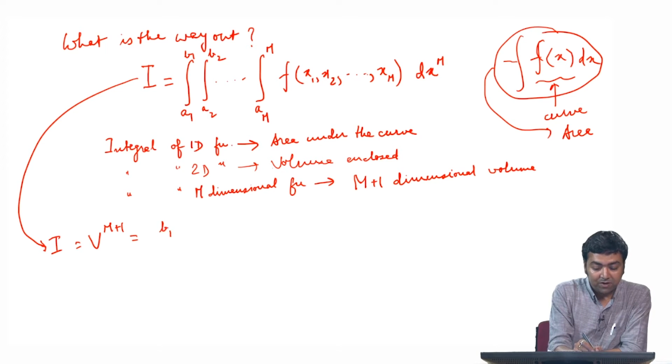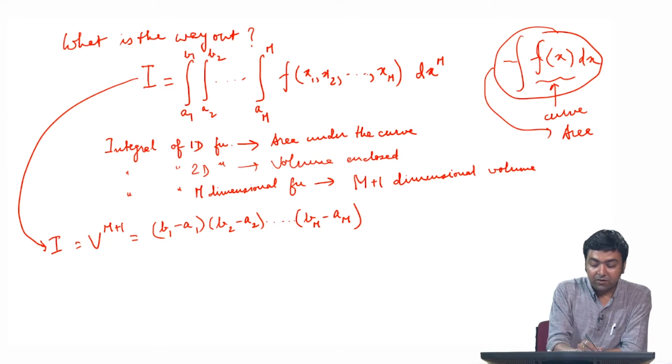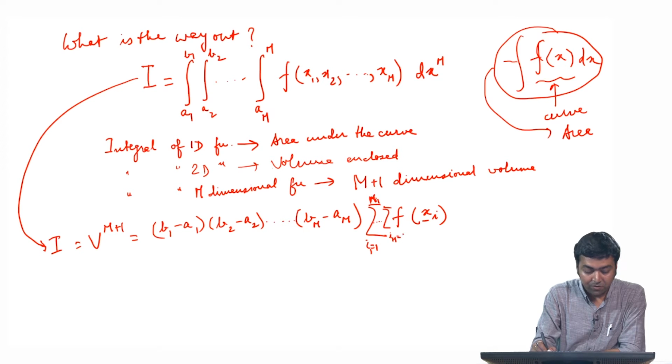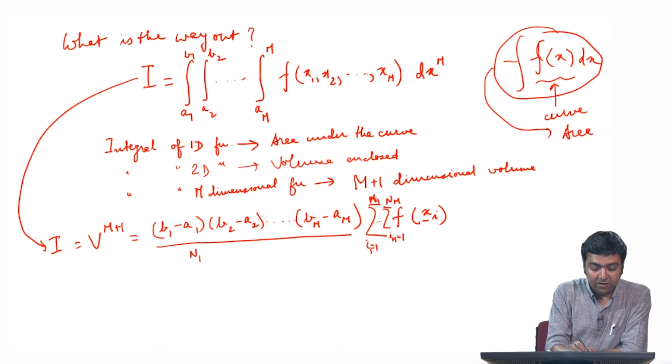That is b 1 minus a 1 into b 2 minus a 2, and so on until b m minus a m, and then we need to calculate the average value of this function, f of x i, where x i is a vector, with a couple of summations: i 1 goes from 1 to n 1, i 2 from 1 to n 2, and i m goes from 1 to n m, and we divide by n 1 into n 2 and so forth till n m.